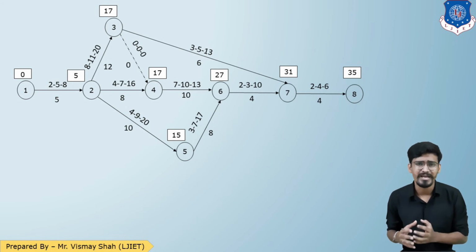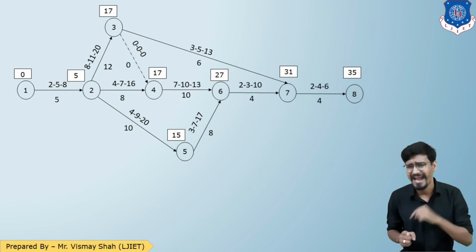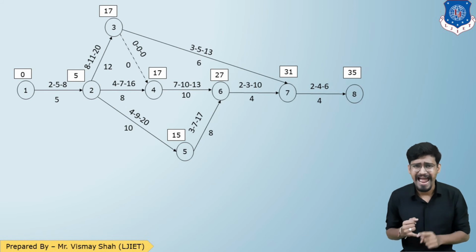Now 2 to 3, there is only one way, so 5 plus 12, that is 17. Now for event 4, there are two ways, 2 to 4 and 3 to 4. So 17 plus 0, 17, and 5 plus 8, 13. So the maximum is 17. Now 2 to 5, so 5 plus 10, 15.